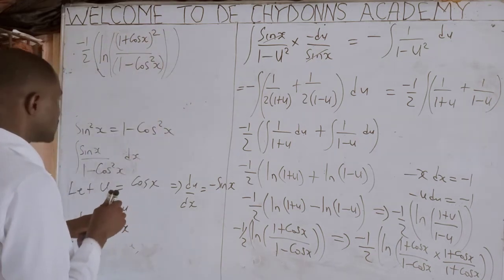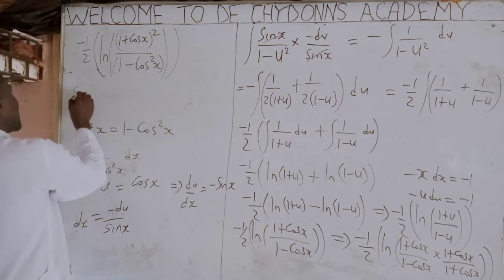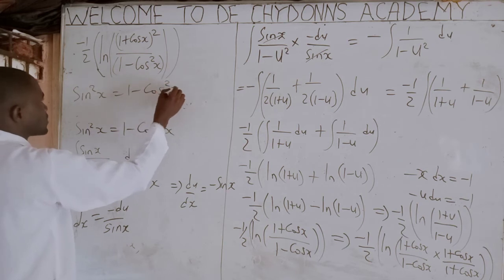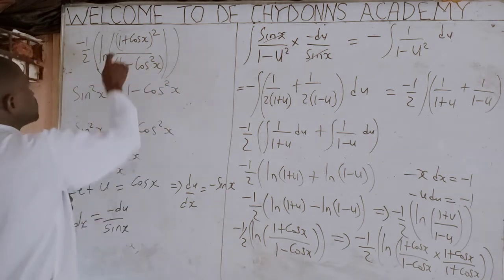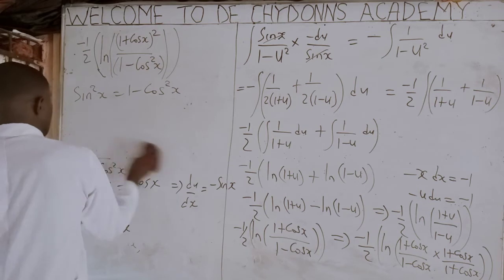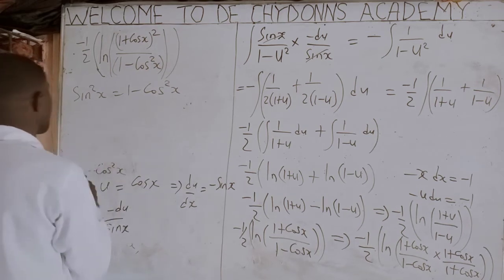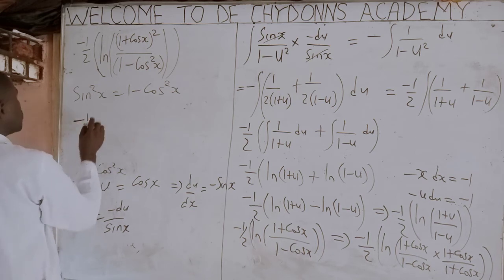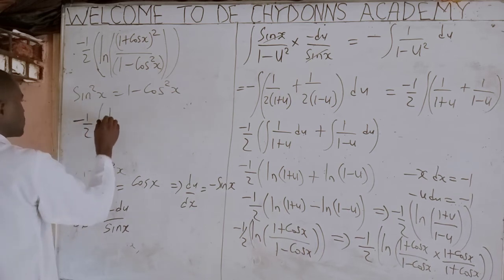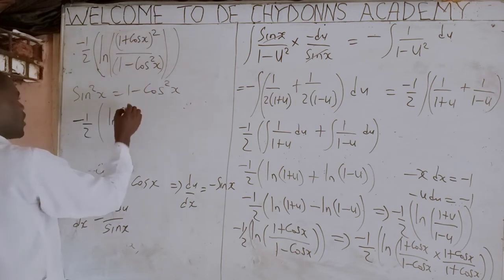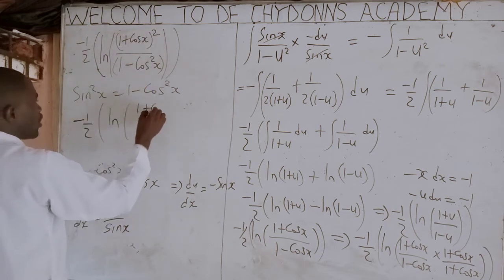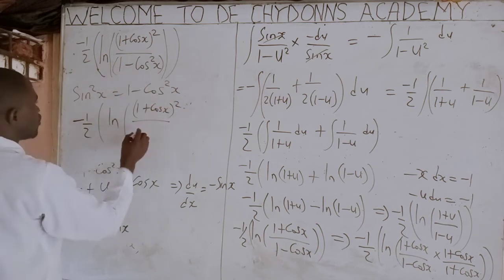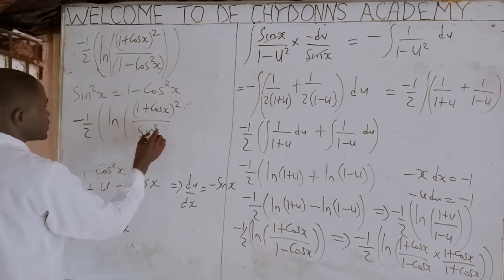Now, note that sin squared x is equal to 1 minus cos squared x. So we use it to put here. We now have the next step to be minus 1 over 2 bracket, this will be 1 plus cos x all squared, all over, remove this and put sin squared x.